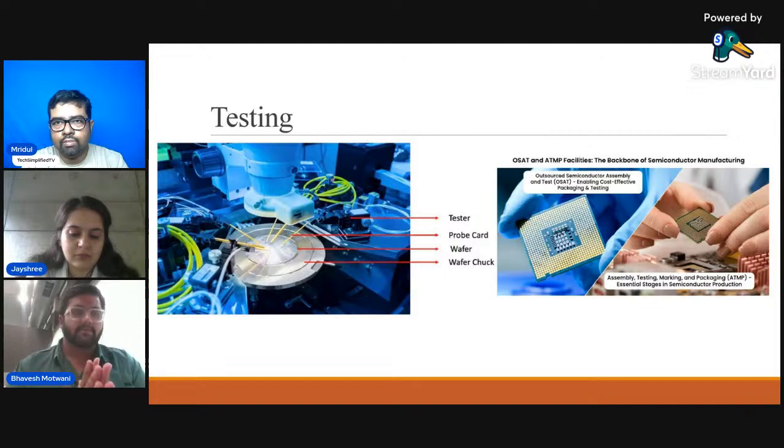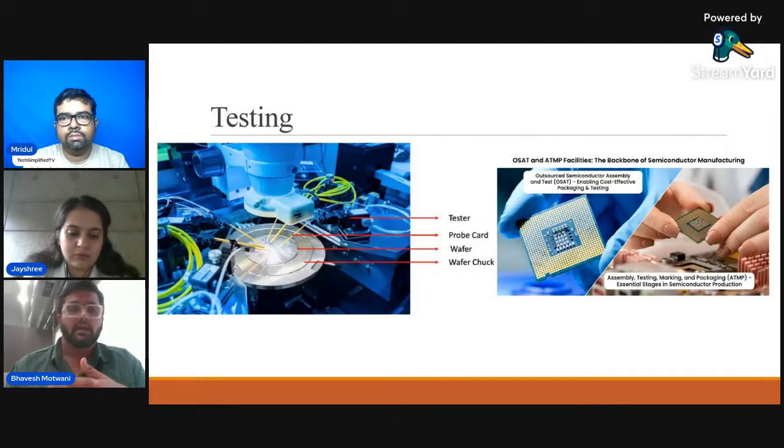Now testing. Generally, even if we try to make some product, we need to test different things. It can be a functional test, it can be a parametric test, but we also need to make sure it is perfect with the environment. We need to do different sorts of testing. So these tests are very important at a specific stage.